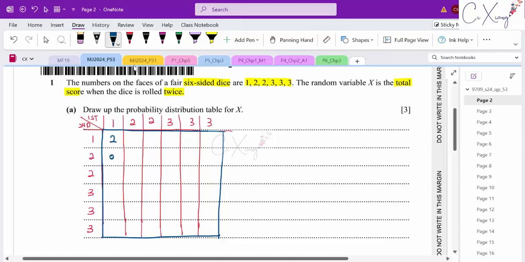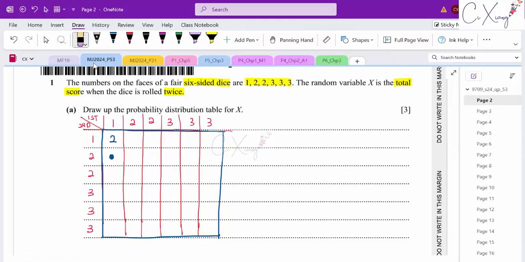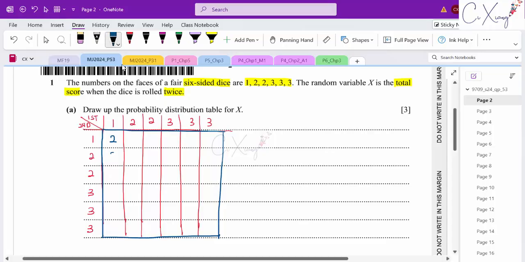Same thing happens for this particular cell. First throw you get a 1, second throw you get a 2. So you total the score up: 1 plus 2 equals 3, and so on.